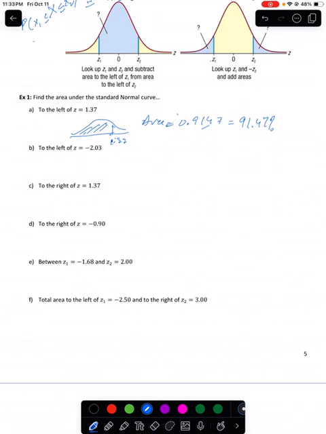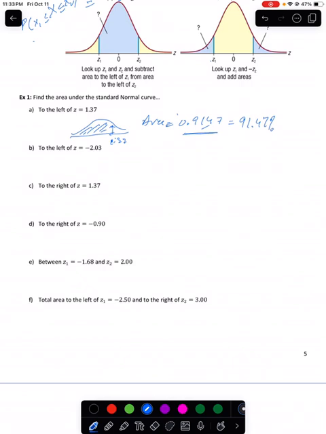Also remember, this value should never be bigger than 1. It will not be negative because area cannot be negative, and the total area under the curve is 1. So we cannot have a number bigger than 1.